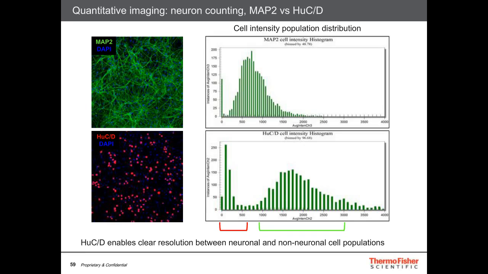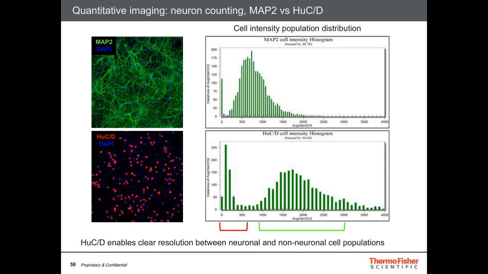And this is just a data representation of why the UCD antibody is good for counting. We see the cell intensity population distribution illustrated as a histogram here. For this, the target activation assay was run using either the MAP2 antibody or the UCD antibody. On the bottom panel, the UCD object intensity distribution shows a very clear resolution between the neuronal population, which is highlighted in green, and the non-neuronal population, which is highlighted in red.